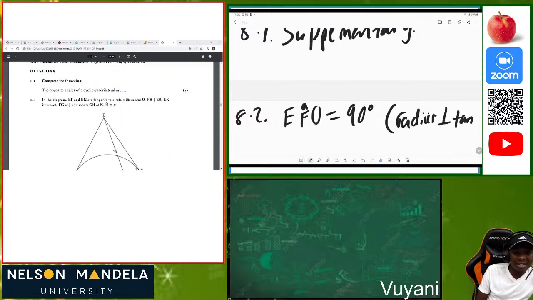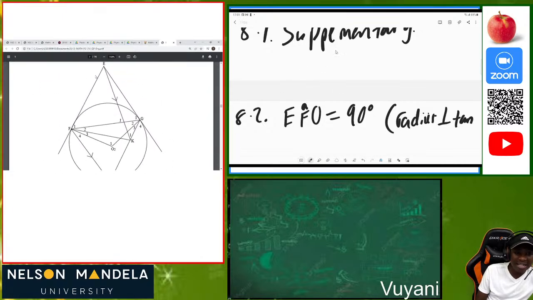We were told initially that EF and EG are tangent to the circle. So OF is perpendicular to the tangent, and when they are perpendicular, they form 90 degrees. I hope everyone still remembers that 90 degrees is formed every time two lines are perpendicular to each other. So EFO is equivalent to 90 degrees because the radius is perpendicular to the tangent.